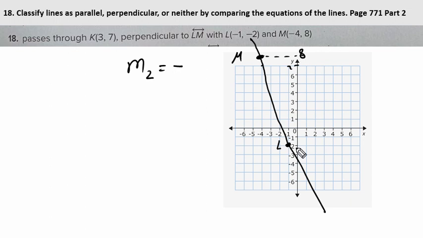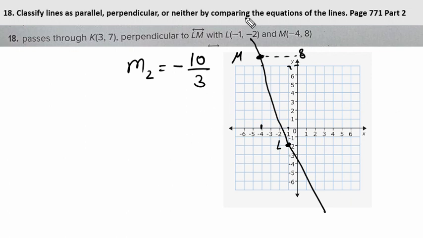From 8 to negative 2, 10. And how many units to the right? This point was negative 4, and this point is negative 1. How many? 1, 2, 3. So that is your slope.